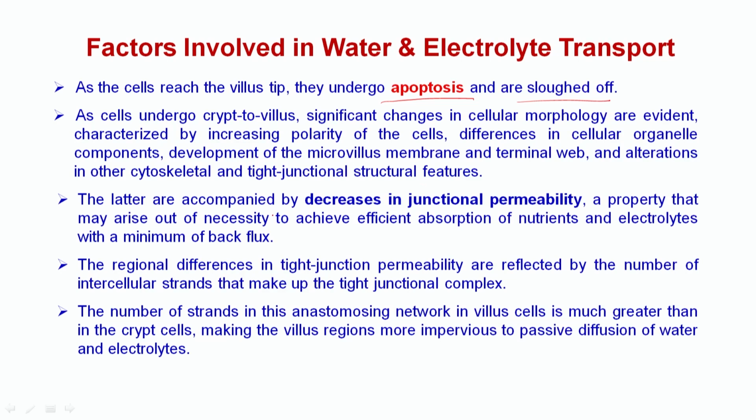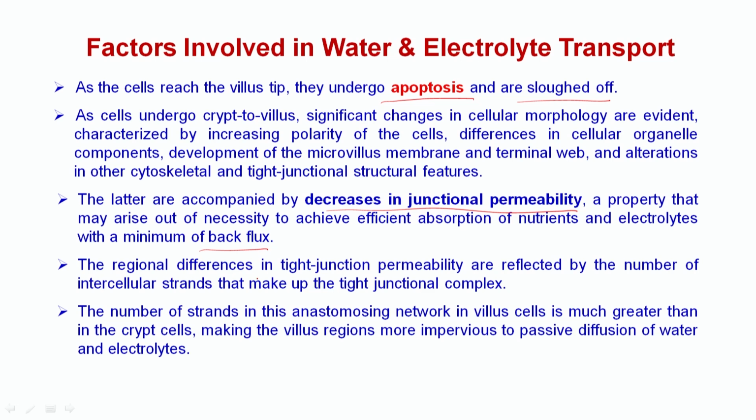The latter are accompanied by a decrease in the junctional permeability, a property that may arise out of necessity to achieve efficient absorption of nutrients and electrolytes with a minimum of backflux.